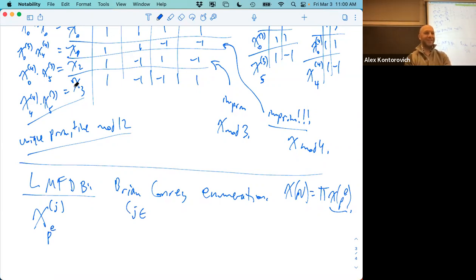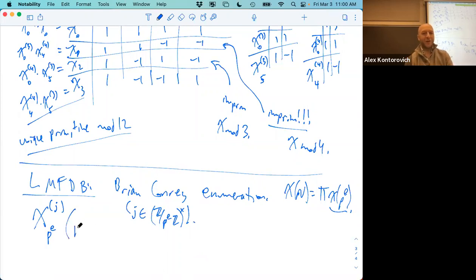Exactly, j in phi of p to the e. But I could just say j in Z mod p to the e, Z cross. So I'll just have it literally range where it naturally belongs.